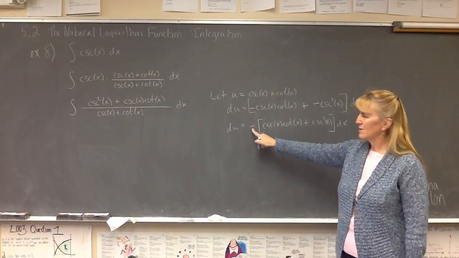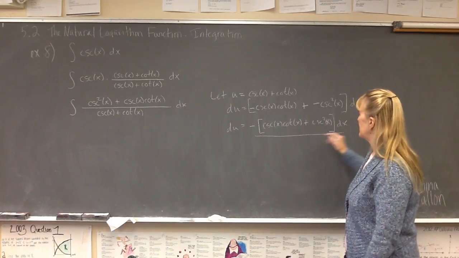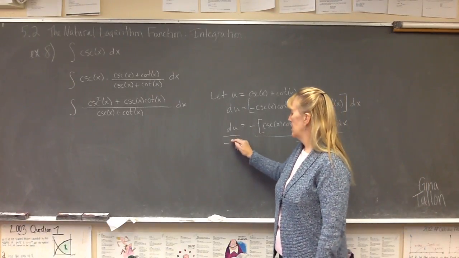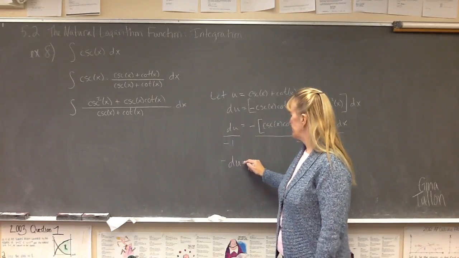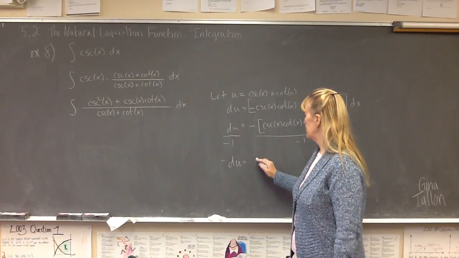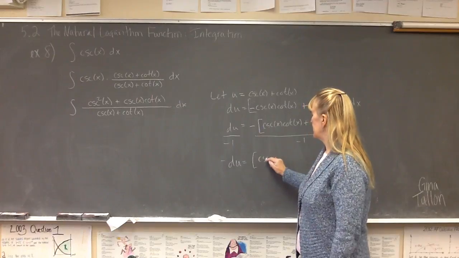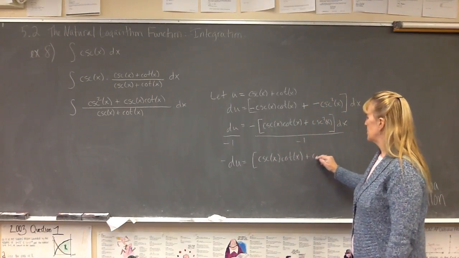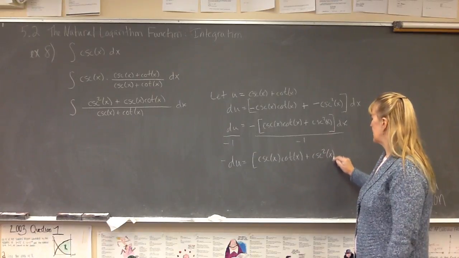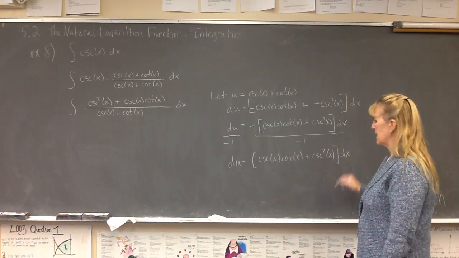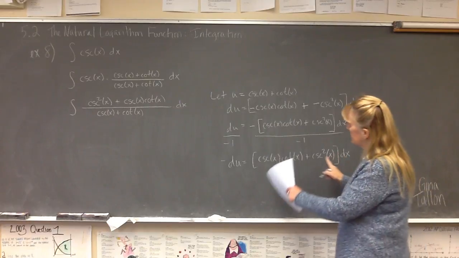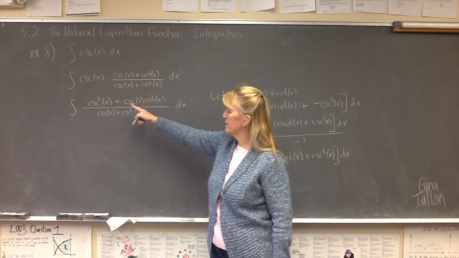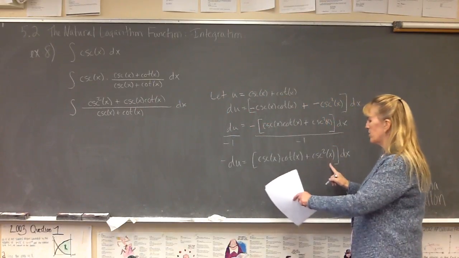And what I need is to get rid of this negative. So I divide both sides by negative 1, and I get negative du is equal to what's left inside my brackets here: cosecant x cotangent x plus cosecant squared x with respect to x. And I'm hoping you can see that that's right there on my numerator. It is on my numerator, but it's backwards.